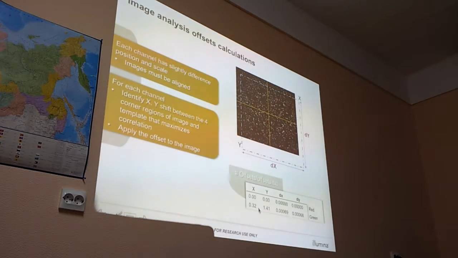And all these calculations work best if you have a library that is of high complexity. A library of low complexity is, for example, an amplicon library, where you have only a few amplicons which are amplified by PCR.